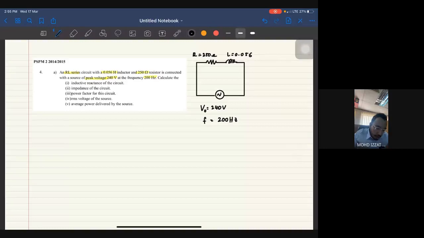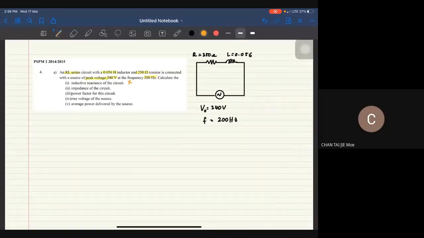Okay, the first question, they ask you to calculate the inductive reactance of the circuit. So soalan ni nak apa? XL.